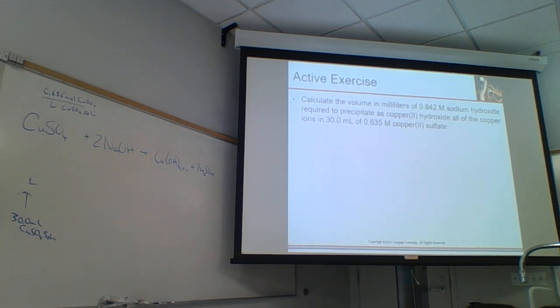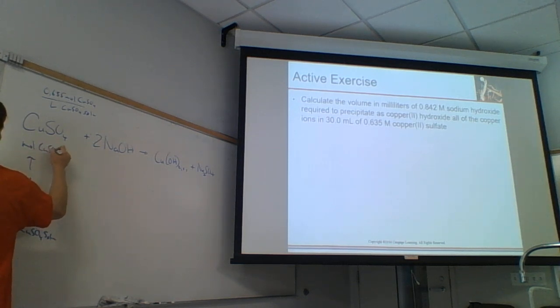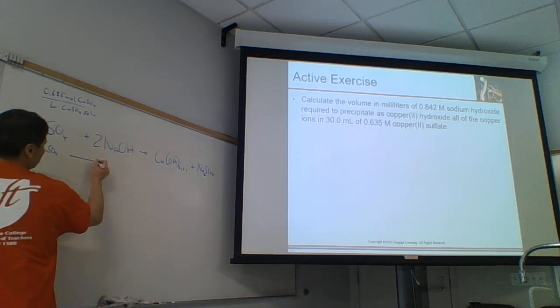0.635 moles of CuSO4 per liter of CuSO4 solution. So we're going to get rid of the solution and now figure out how many moles of pure CuSO4 we have. So we're going to go from liters to moles of CuSO4. Well, once we have moles of CuSO4, then we can just do a mole-to-mole conversion.